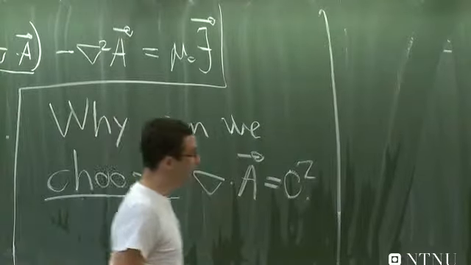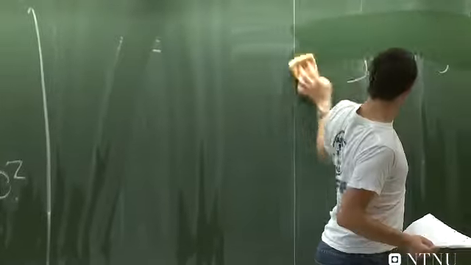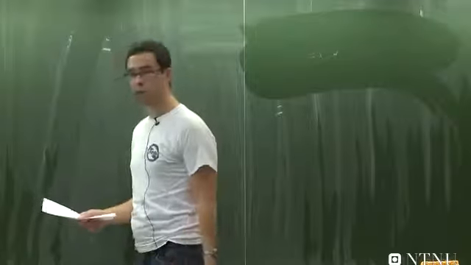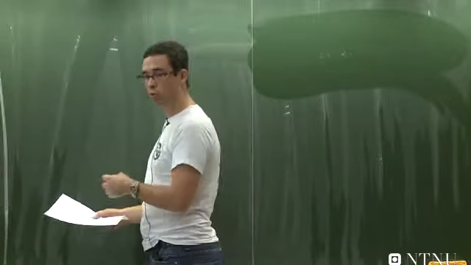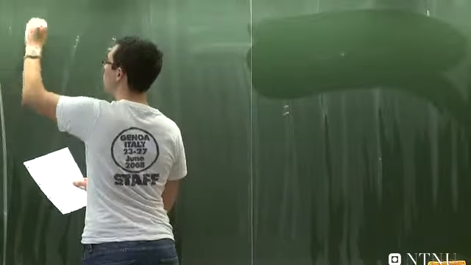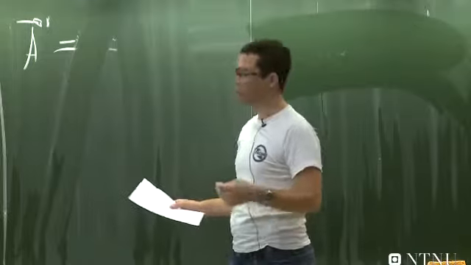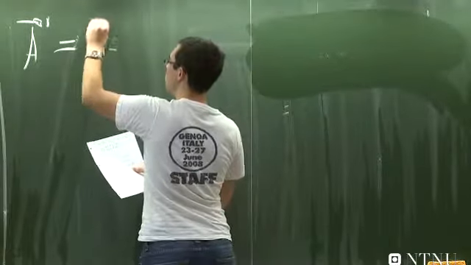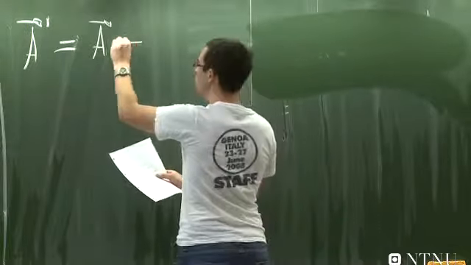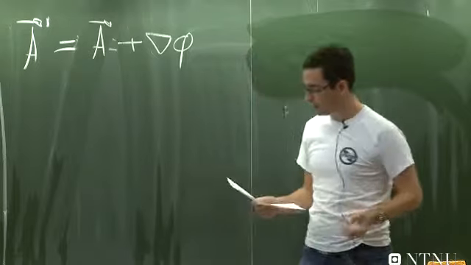Okay, and to prove that, you start off by just considering the following. Now, what if I add a term to the vector potential? So I make an A prime, which is the old A, the original vector potential, which I know is correct. And I add the gradient of a scalar.